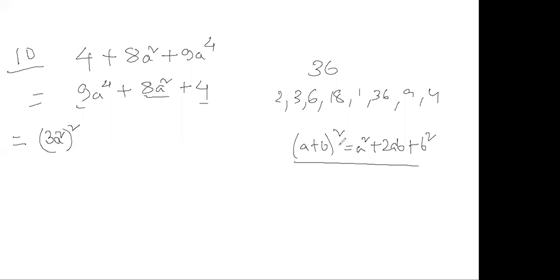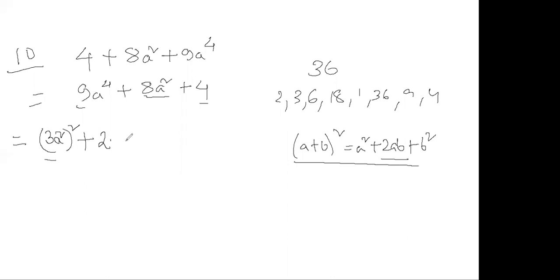I got 3a square, which is my a. So 3a square whole square plus, the formula says what? 2ab. So we can write 2 into a, and a is actually 3a square.